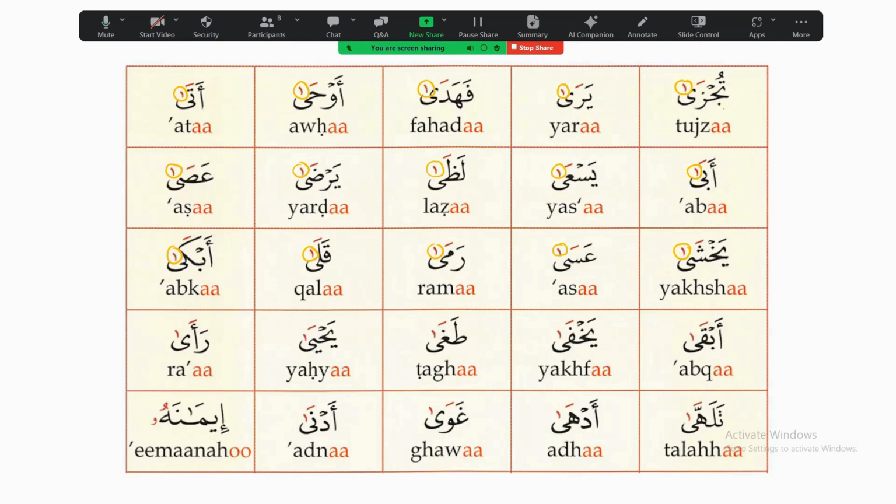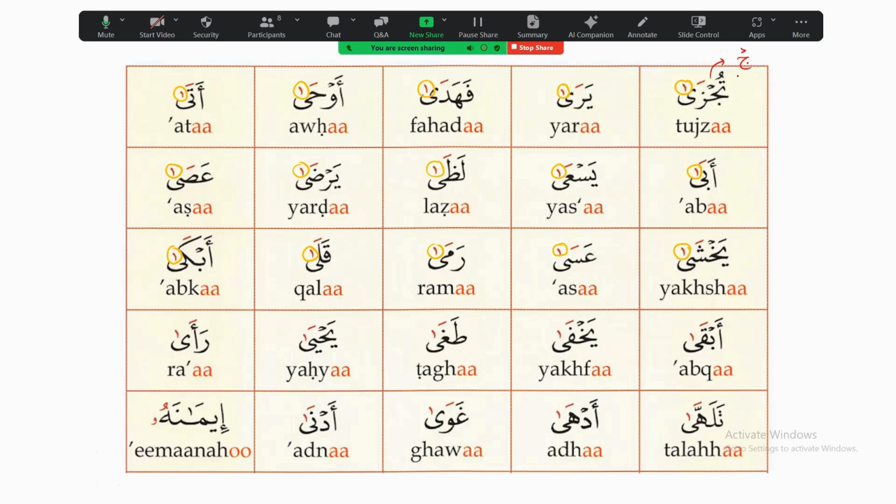The first word here is tujza, tujza, and this word, even though we are specifically focusing on the small alif symbol, but here you see a Jim letter, a Jim letter with a sakin.